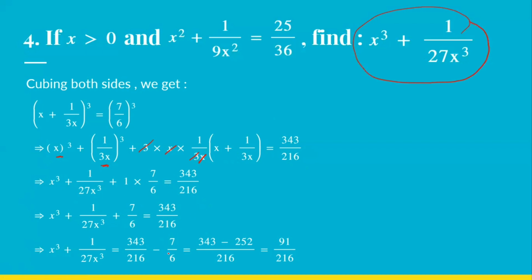So it becomes minus. The LCM of 6 and 216 is 216. So here we'll have to multiply by 36. 7 into 36, we get 252. 343 minus 252 is 91 and denominator is 216. That is how we get the value of x cube plus 1 upon 27x cube as 91 upon 216.